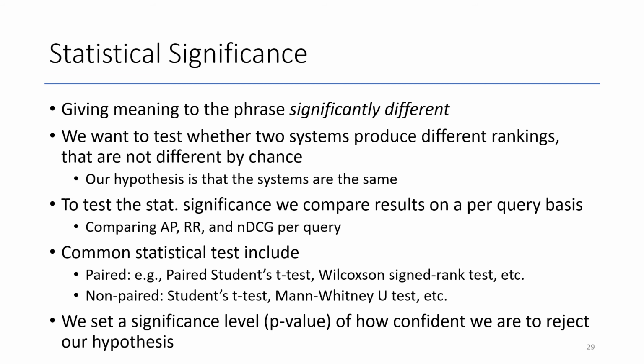And we test those with a specific significance level, the p-value. We set the p-value quite low, which means that if the test returns a lower value than our threshold, we can have confidence that we can reject our hypothesis that the systems are the same, meaning that they are actually different.